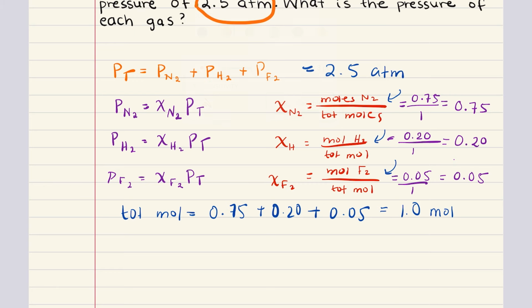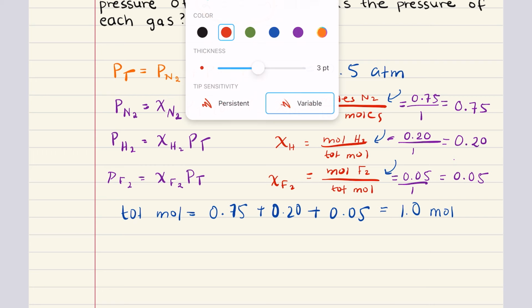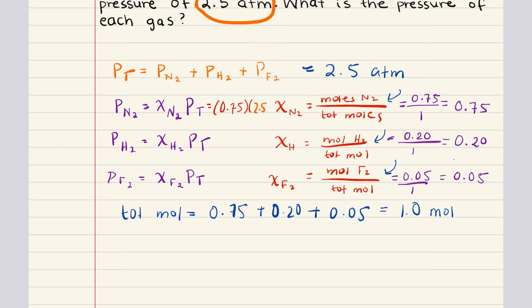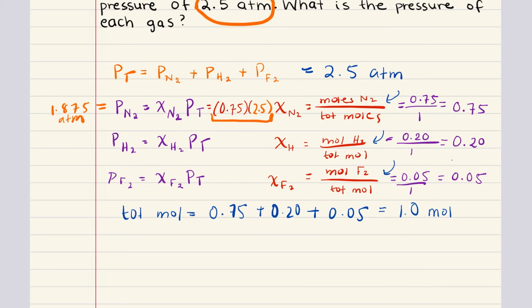The partial pressure of nitrogen gas is going to be 0.75 multiplied by the total pressure, which is 2.5 atmospheres. This gives us an answer of 1.875 atmospheres. So the partial pressure for nitrogen gas is going to be 1.875 atmospheres. What about for hydrogen gas?